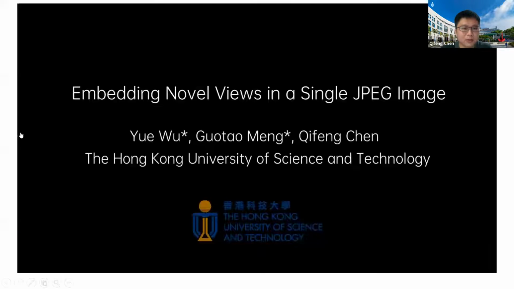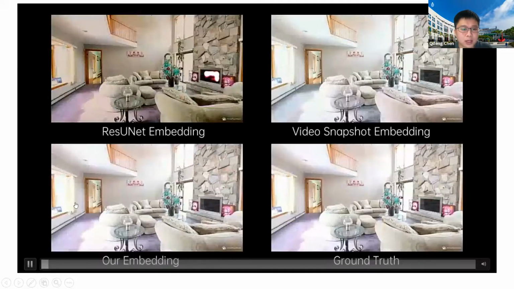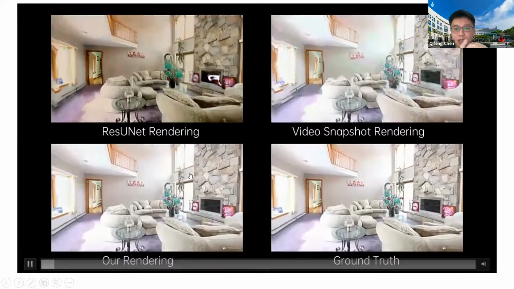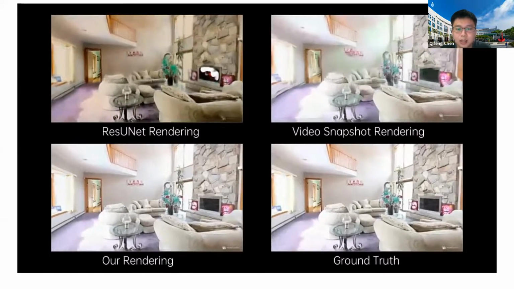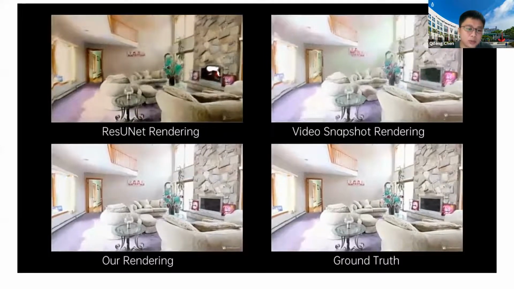Okay, maybe we can jump to see some results. So this is the embedded image where we save the novel synthesis model, and here are some results where we do some novel view synthesis.